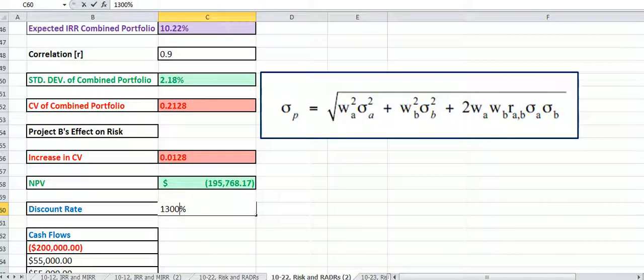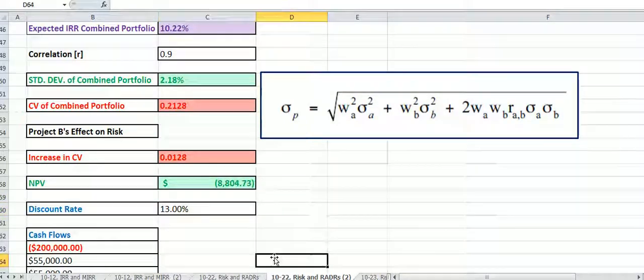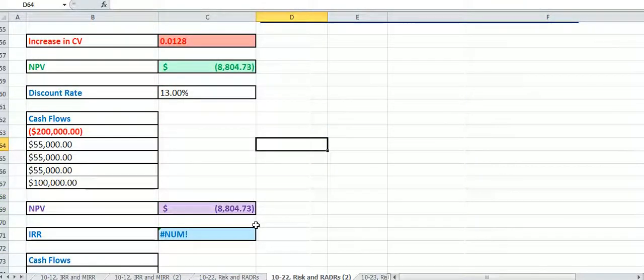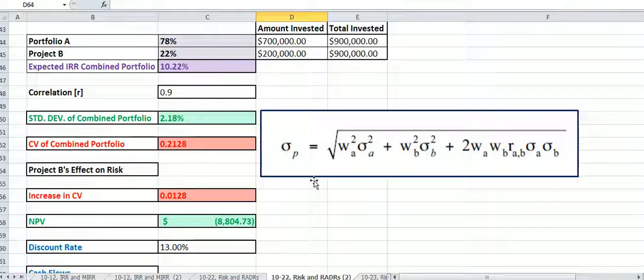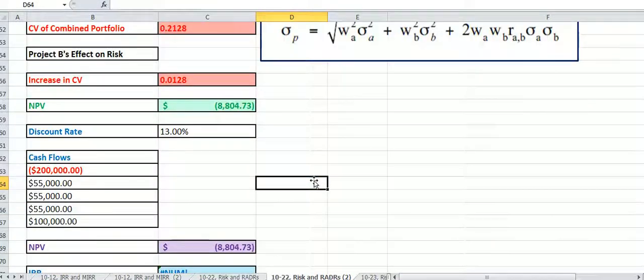Actually, not 1,300%, 13%. There we go. Let me make sure I got that right. Okay, good. We see that the net present value at the average risk is going to be negative.